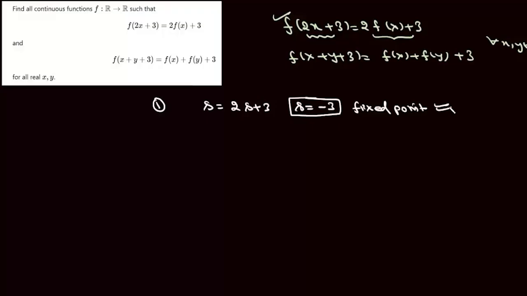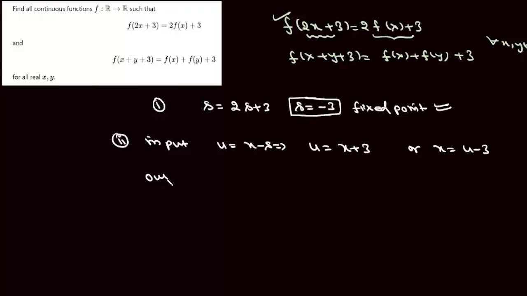Now what we'll do is we'll recenter this function. So we'll take our input as u = x - s, and s here is -3. So this u is x + 3, or x = u - 3. And then we'll shift the output also.